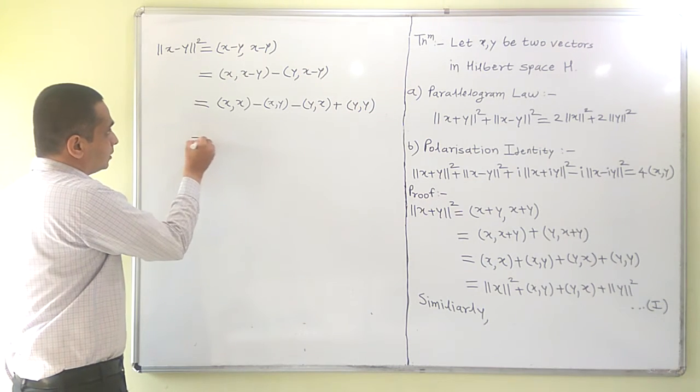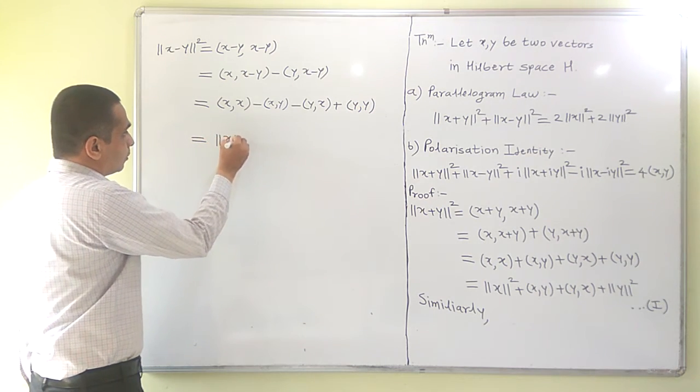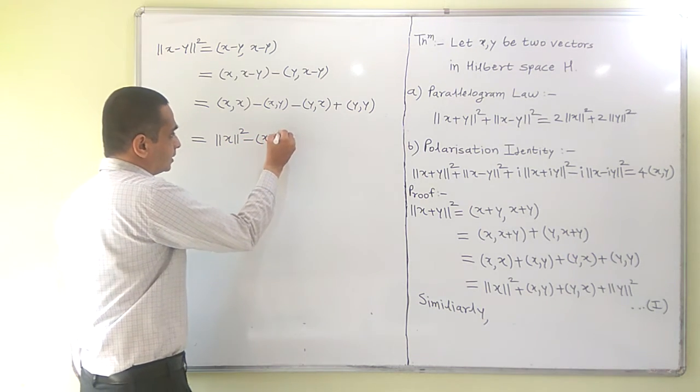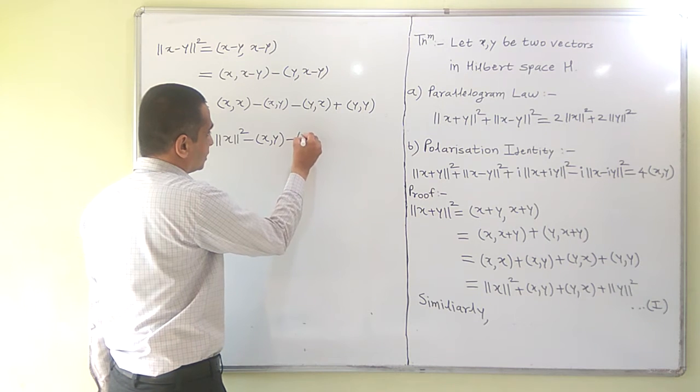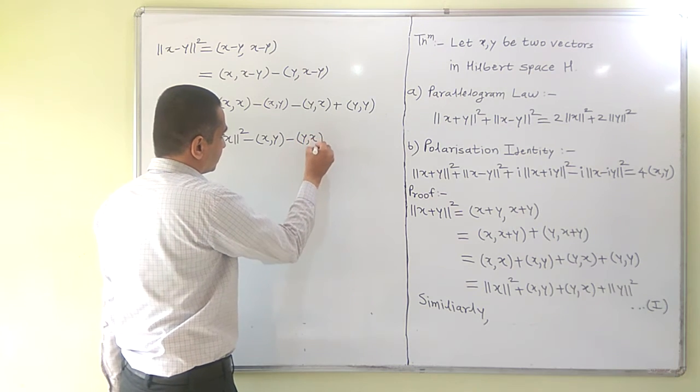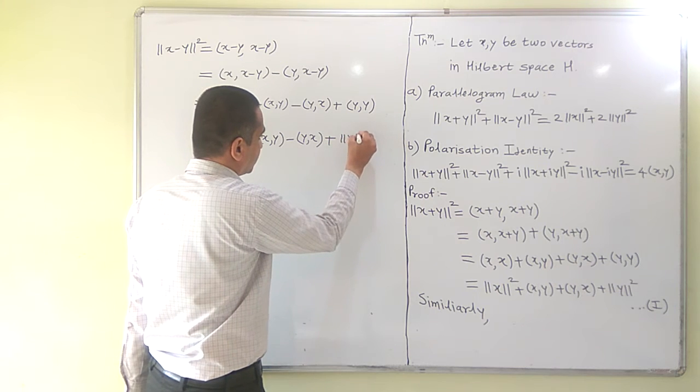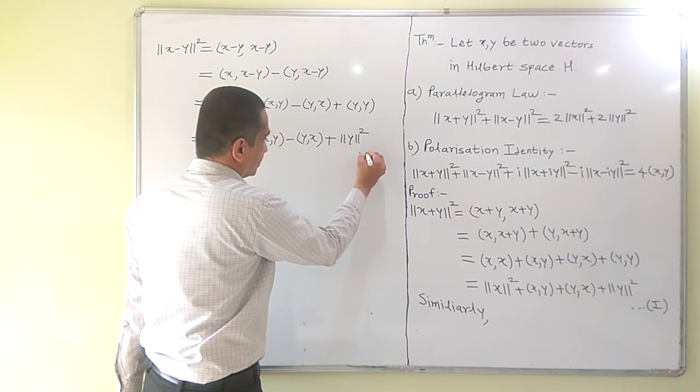So this is equal to norm of x square minus inner product of xy minus inner product of yx plus norm y square. So this is second.